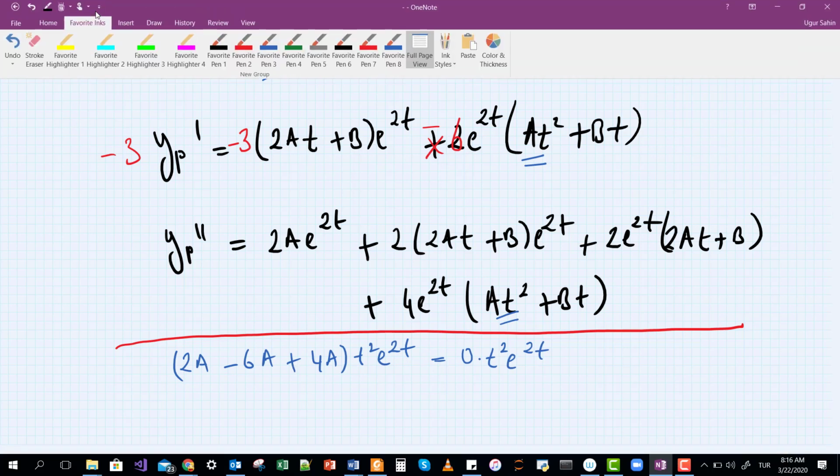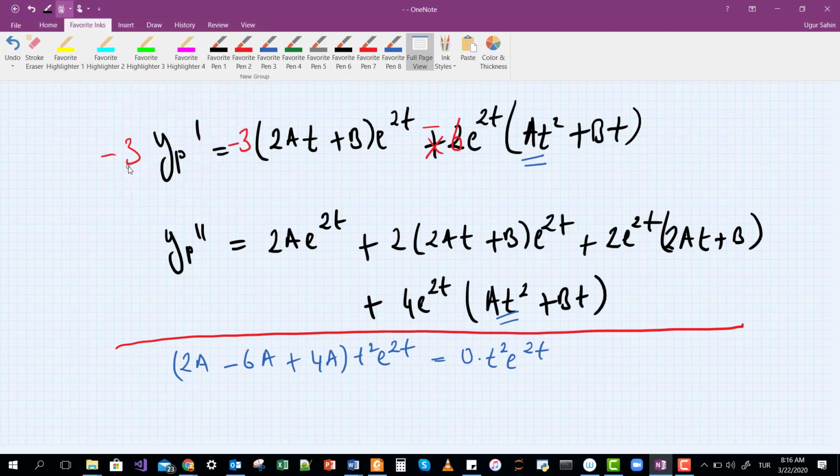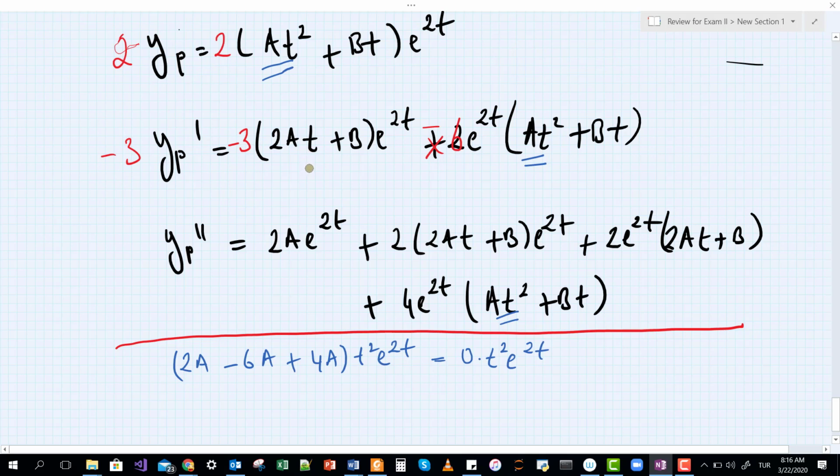So the second terms I can use, look at that, t terms. I have a t term here, I have a t term here, a lot of t terms around.